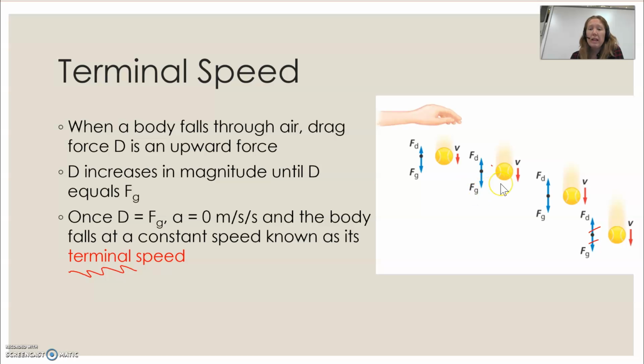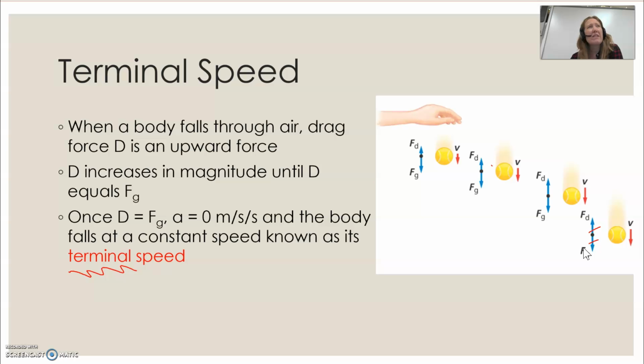But eventually, because the ball, this looks like a tennis ball, keeps getting faster and faster, the magnitude of the drag force is increasing, and eventually this falling object reaches a point where the drag force matches that of gravity.